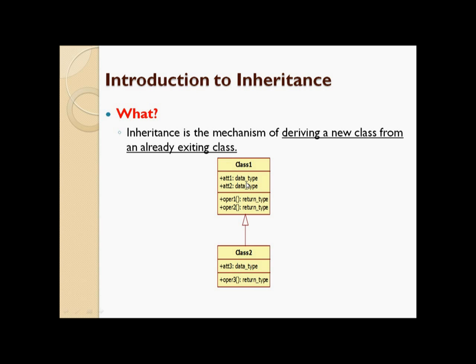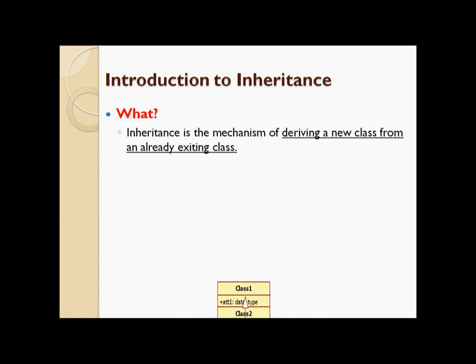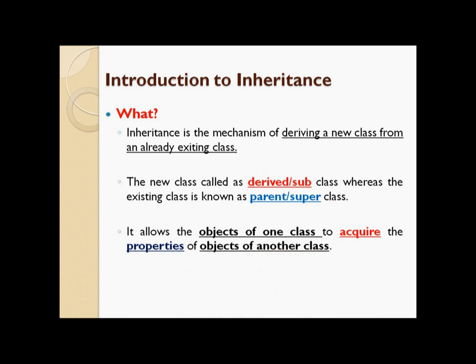So I hope this point 1 is clear, that is, the mechanism of deriving a new class from an already existing class. Now points second and third clearly say what we will call the first class and what is the name of the second class.